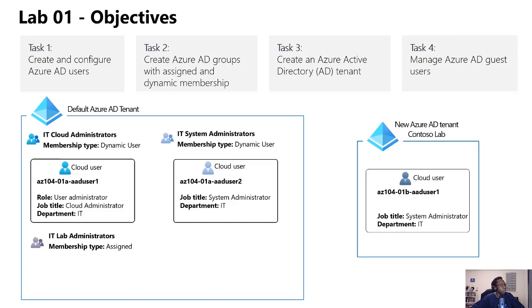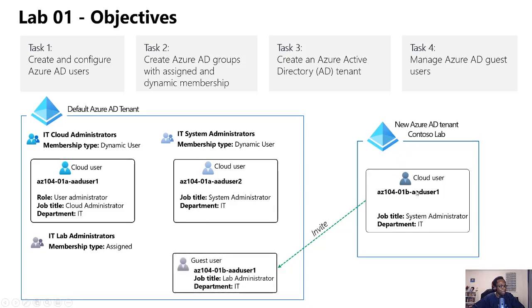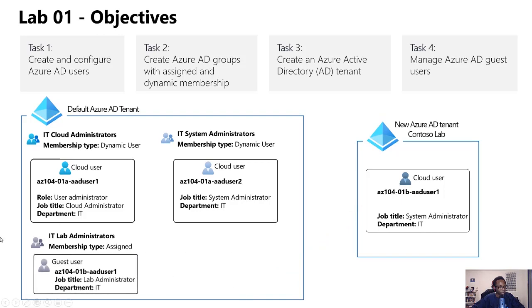We'll then go back to our default directory and invite the user from our new directory as a guest user into our default directory. After we've done that, we'll make this guest user a member of this assigned membership group in Azure AD. So we'll just make the user a member of the group. That's what we're going to be doing in the final task of this lab.